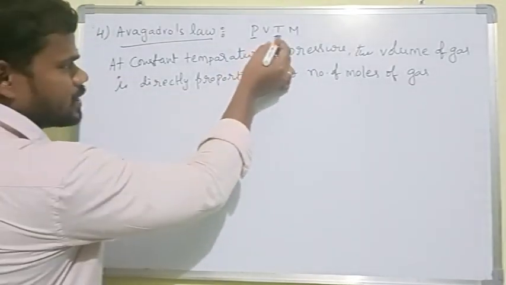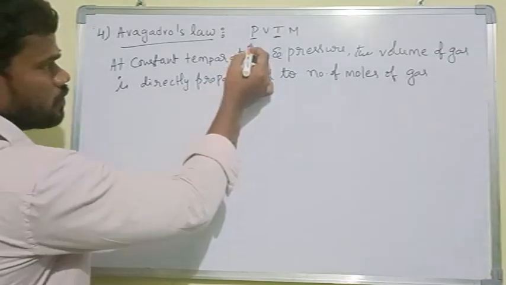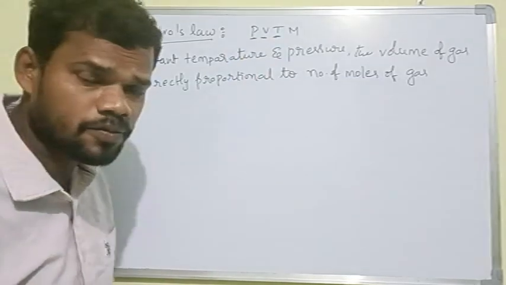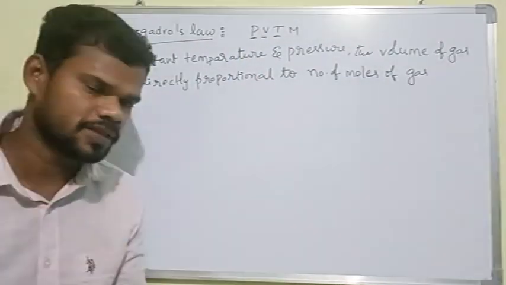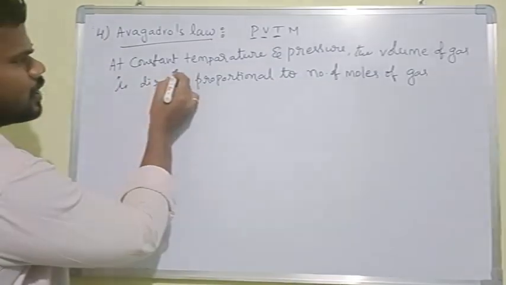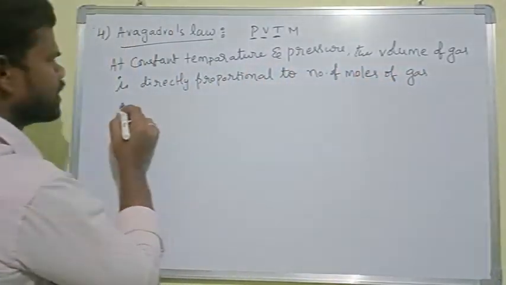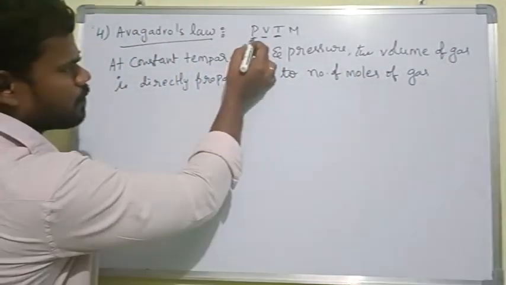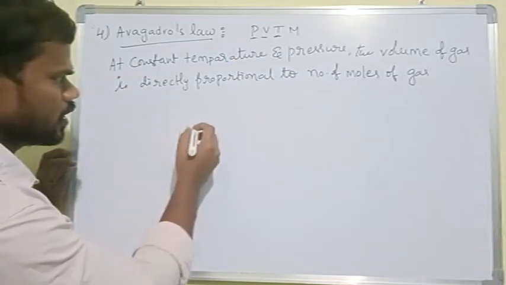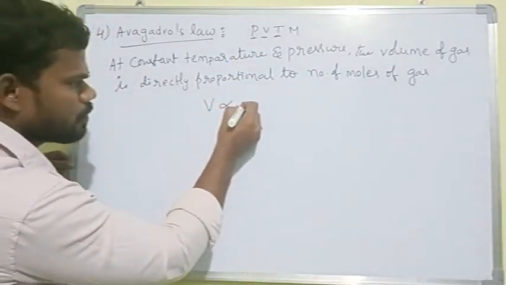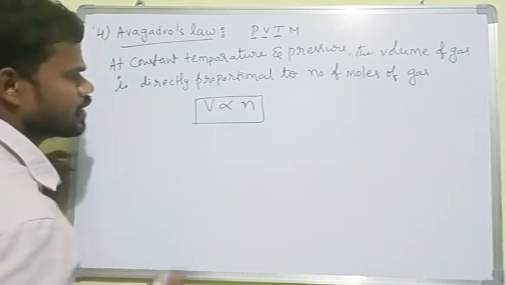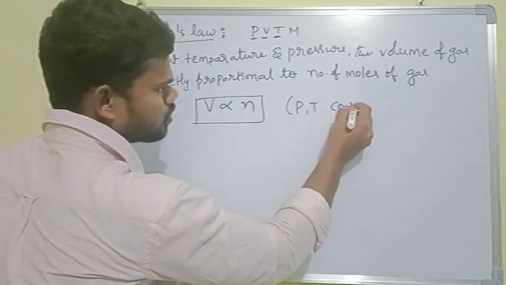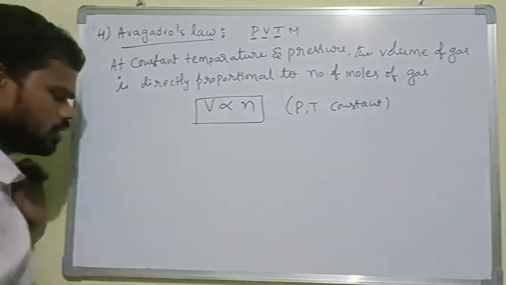At constant temperature and pressure, the volume of gas is directly proportional to the number of moles of the gas. So V is directly proportional to the number of moles, with pressure and temperature constant.